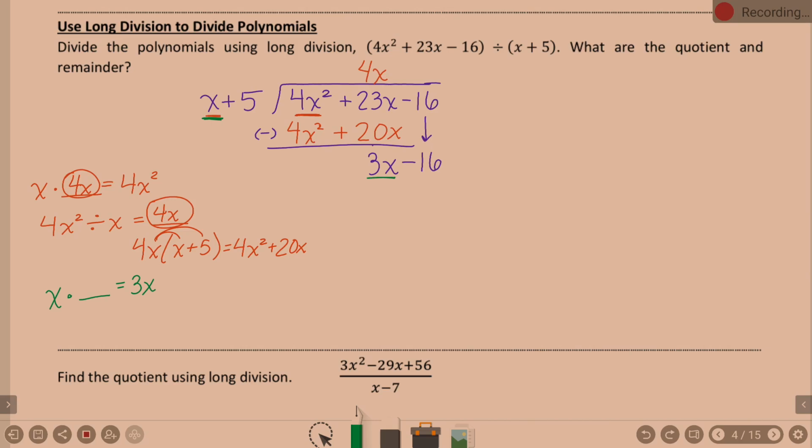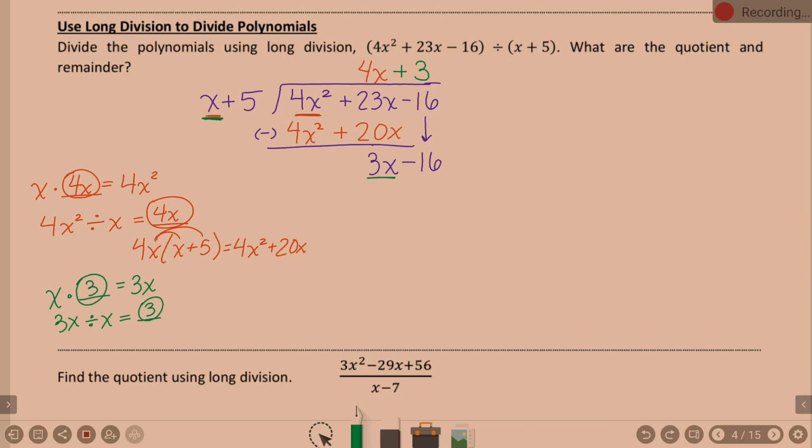And if you don't like x times what is 3x, then you turn it into division. What is 3x divided by x? 3. And does that make sense here? X times 3 is 3x, yes? Okay, where do I put that 3? Above the 16 here. And that is a positive 3. So I'm going to say plus 3.